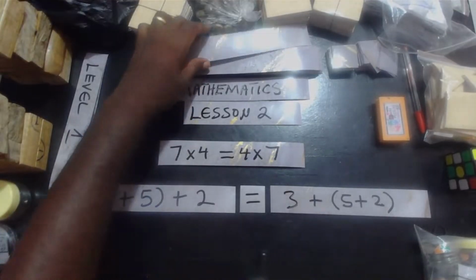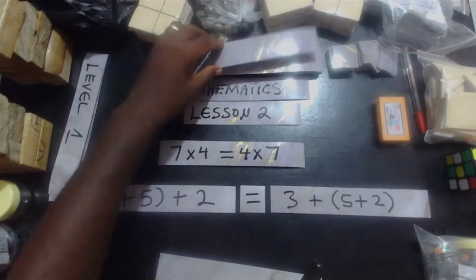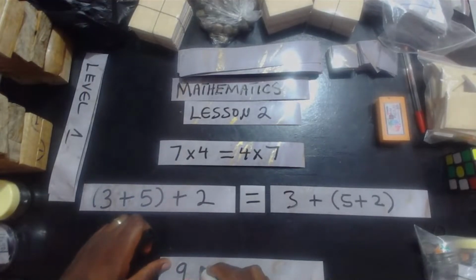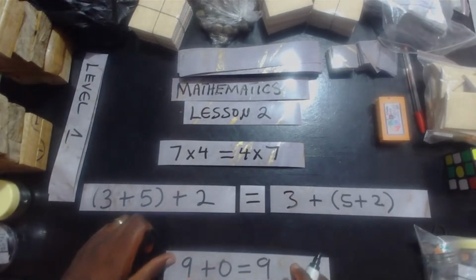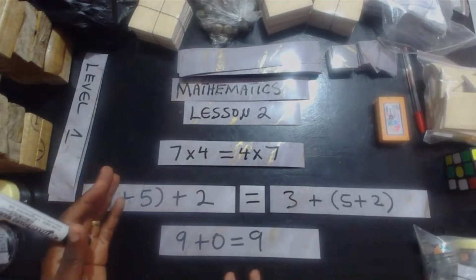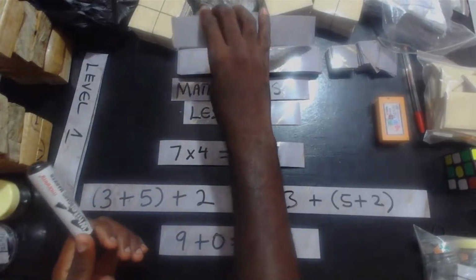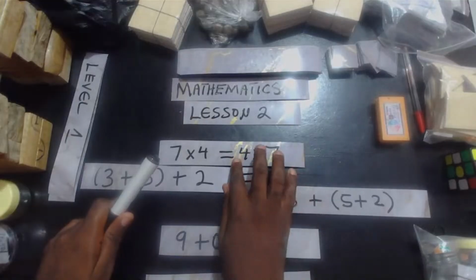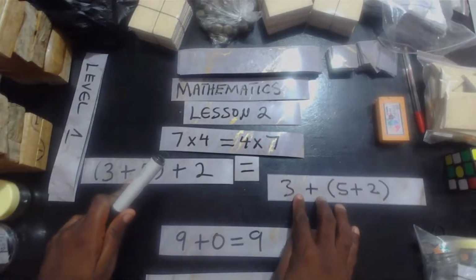So the next property is 9 plus 0 equals 9. What property is shown here? And finally, let's push this a little for more space.